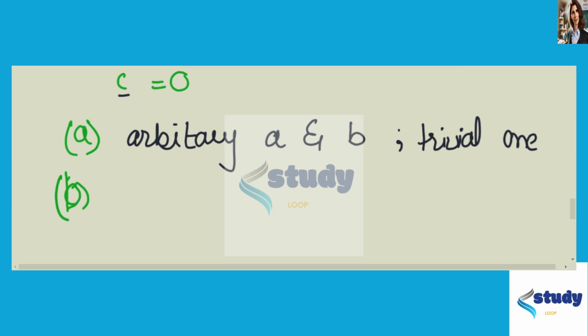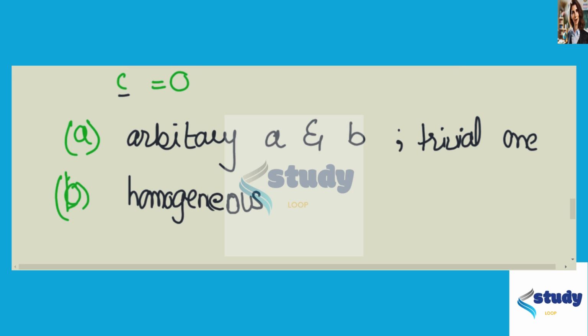Now, moving forward to part b, which says the system has no solution. As the system is homogeneous, it will always have a solution.